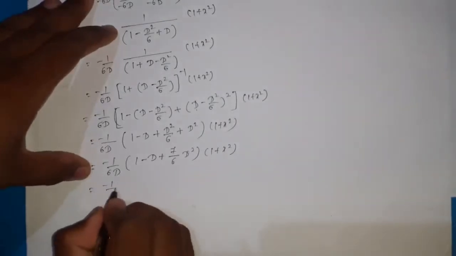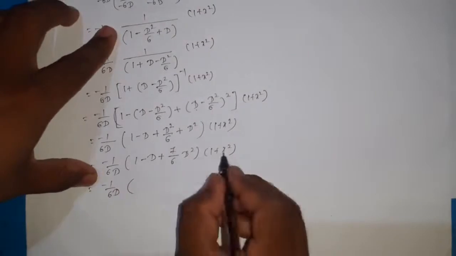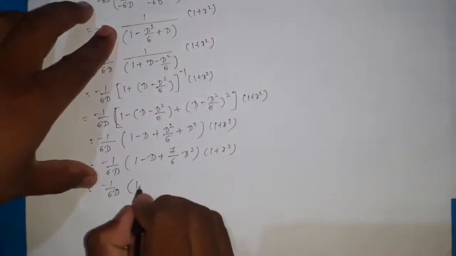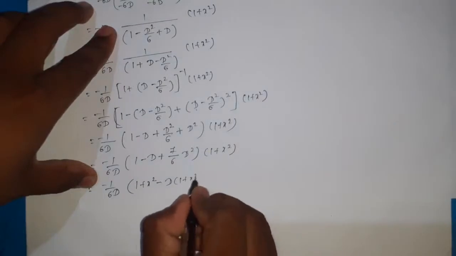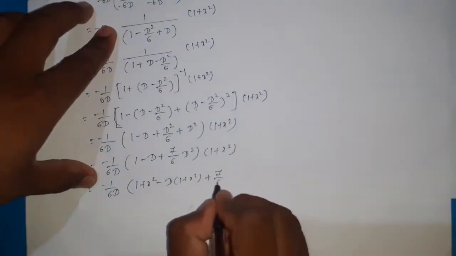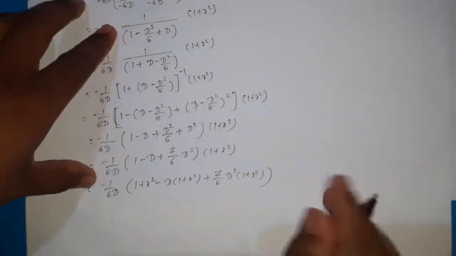Then it is equal to minus 1 divided by 6D, now multiplying by that 1 plus x square. So 1 plus x square minus D of 1 plus x square plus 7 by 6 into D square of 1 plus x square.